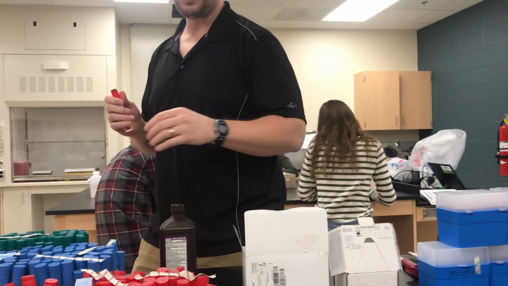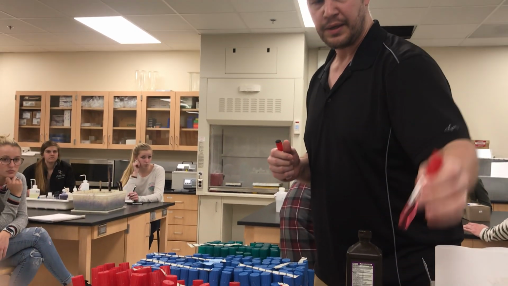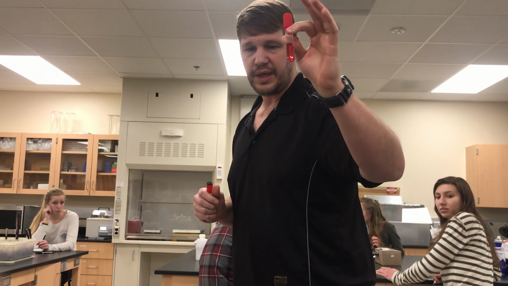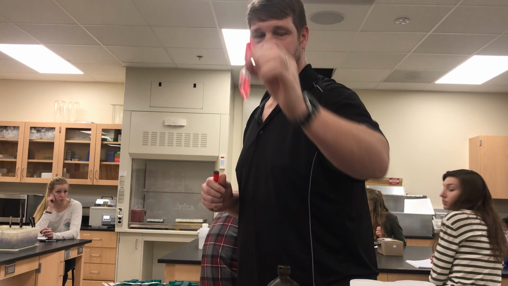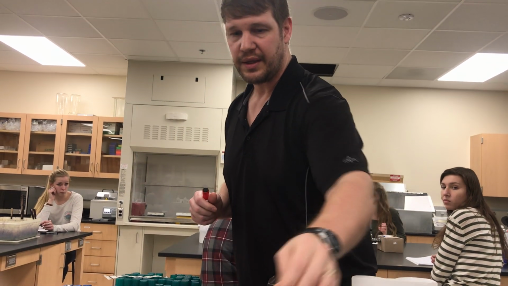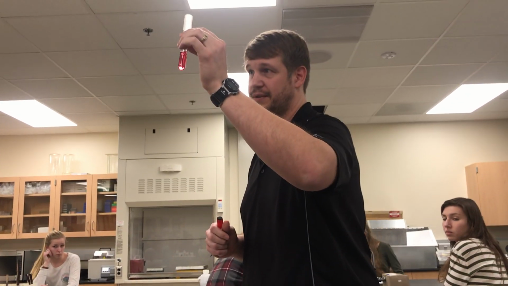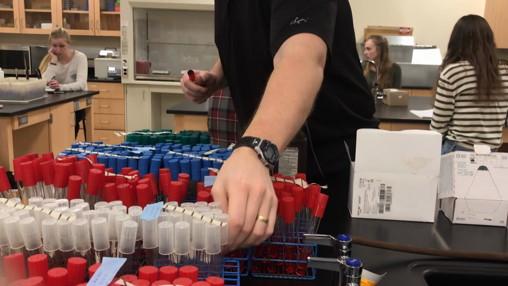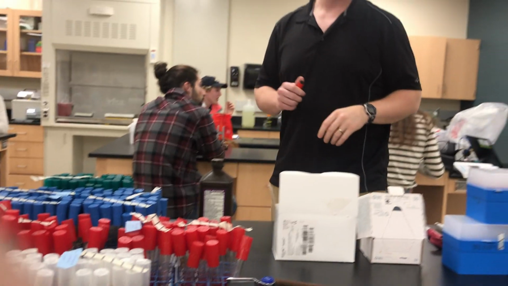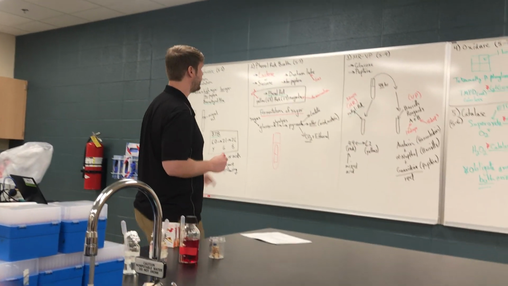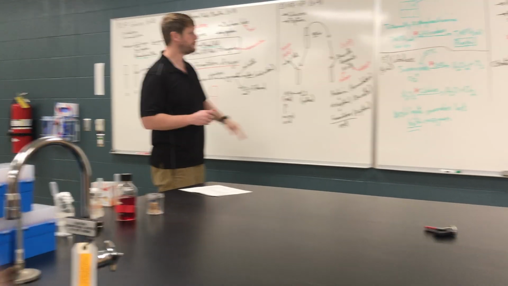And they are so handily labeled by our wondrous TA, Anna. So the phenol red broth lactose have red caps, and the phenol red broth sucrose have clear caps. So you'll need 4 of the clear and 4 of the red today for that one.